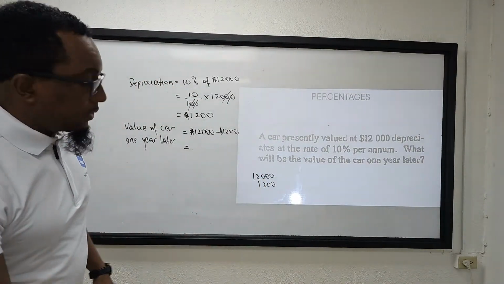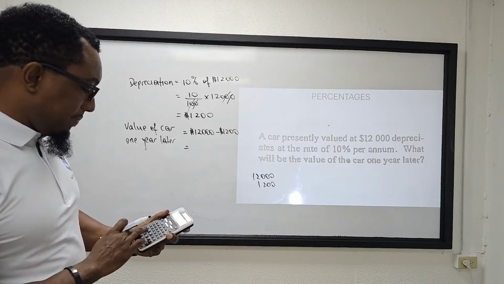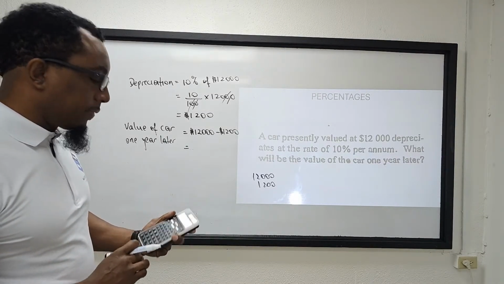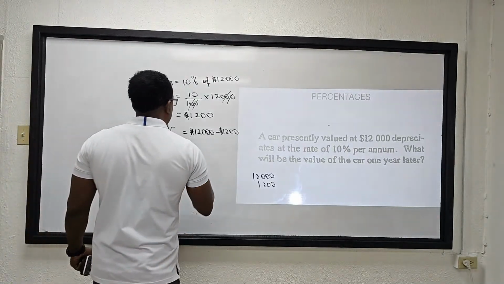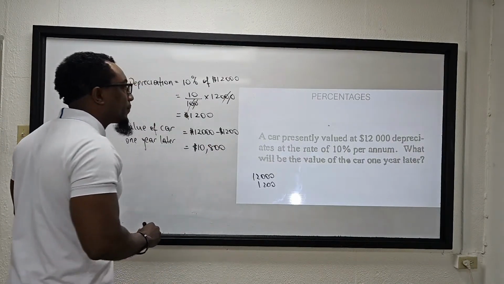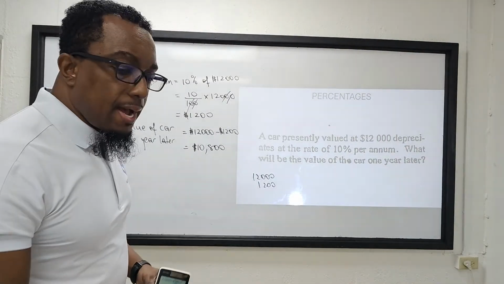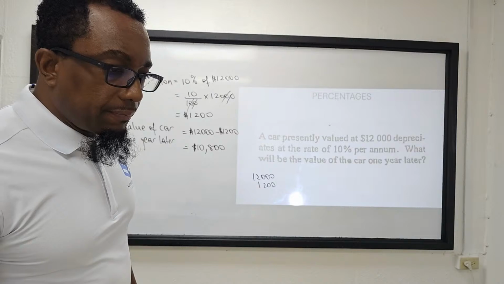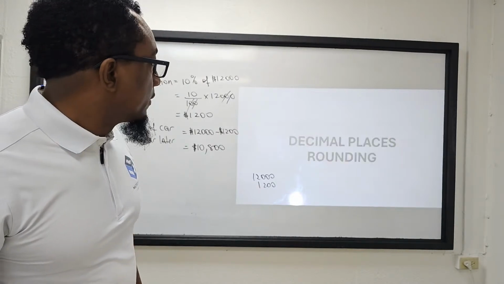So you can work it out just to save time. 10,800 will be the value of the car 1 year later. Alright? So pretty straightforward.